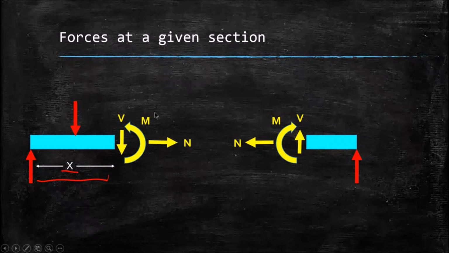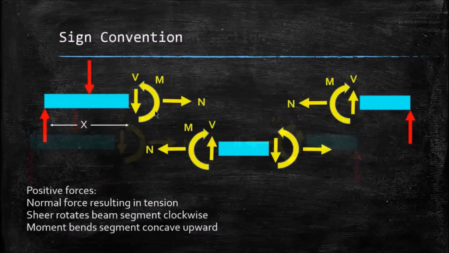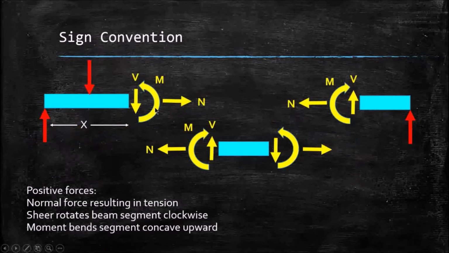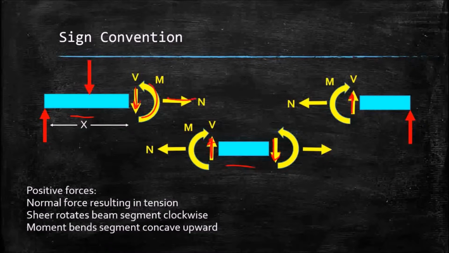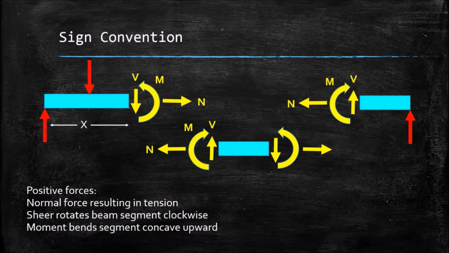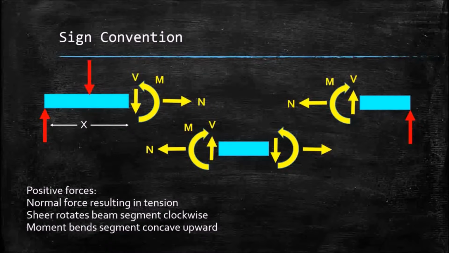But before we go off into forces, I should comment on the sign conventions. We have a beam cut into three pieces, a left, a center, and a right section, and we have the shear forces drawn for each of these, and the moments, and the normal forces, and these are all drawn in the positive direction, assuming our positive sign conventions.